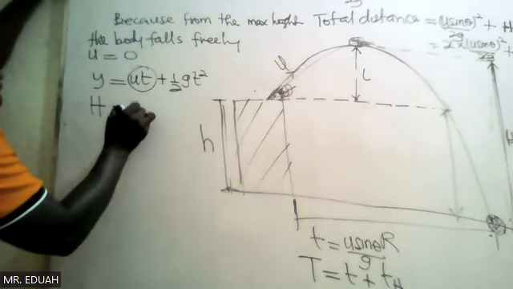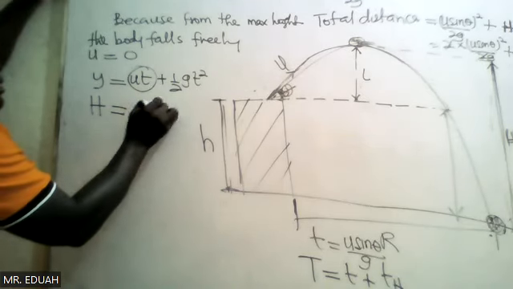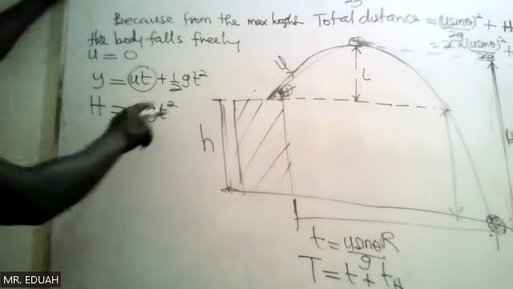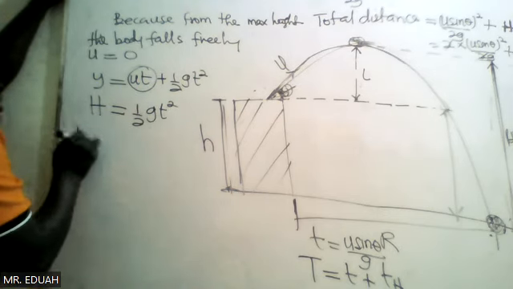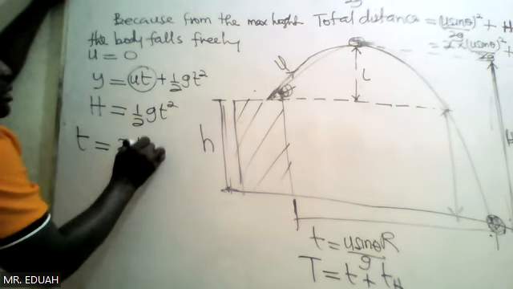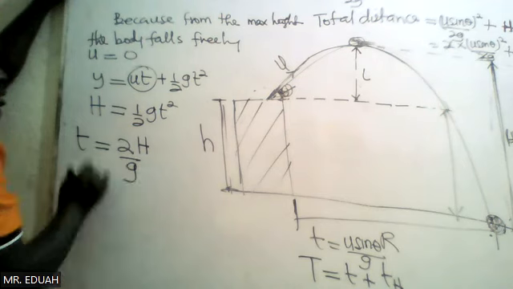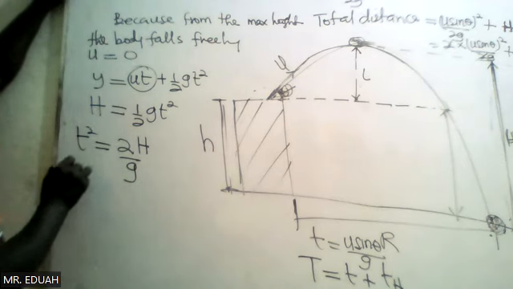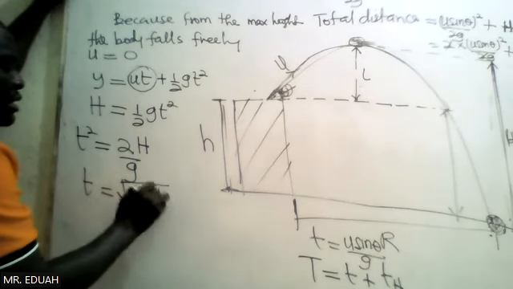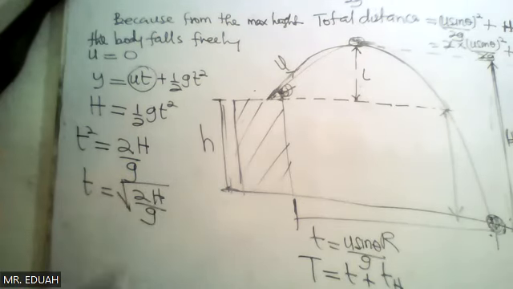Then I have half g t squared. If I make t the subject, t squared will be equal to 2H over g, and when I take the square root of it, I have the square root of 2H over g.